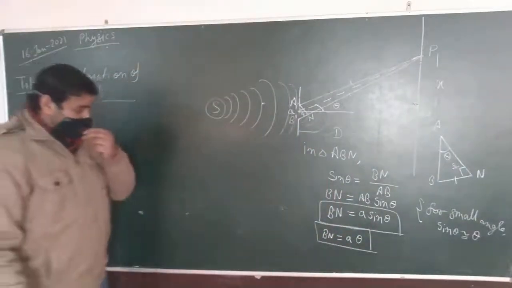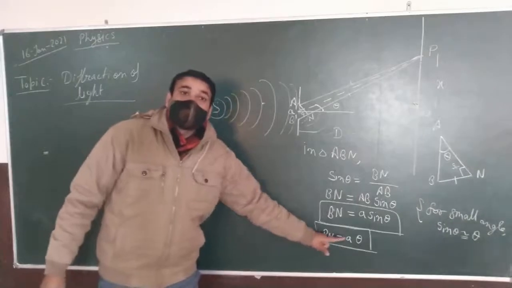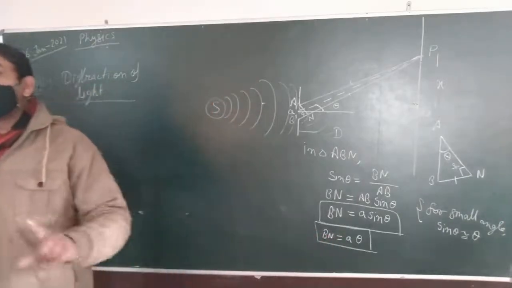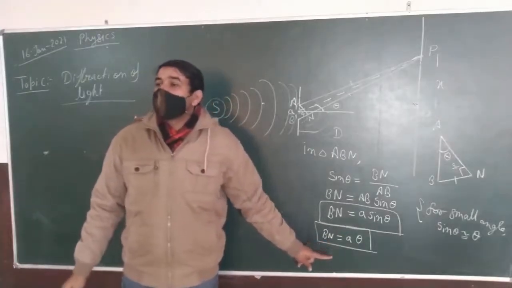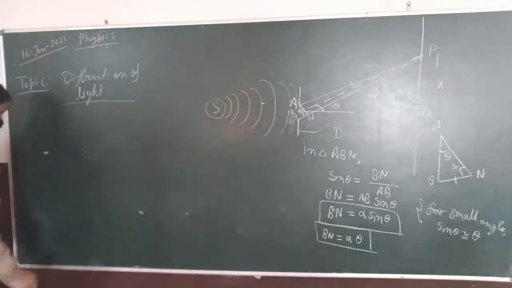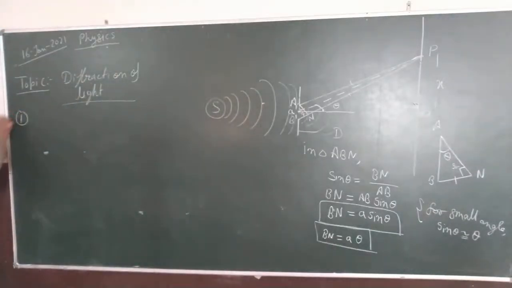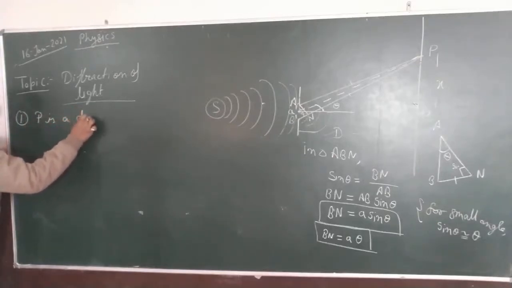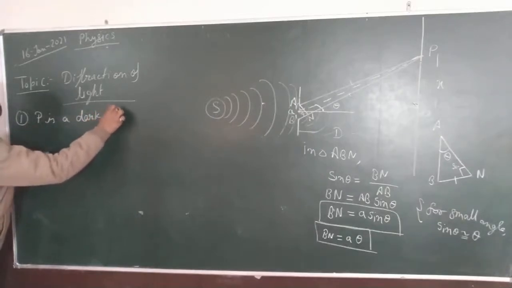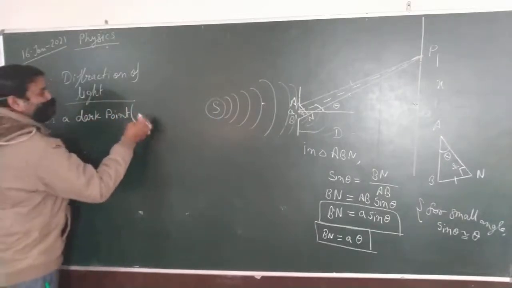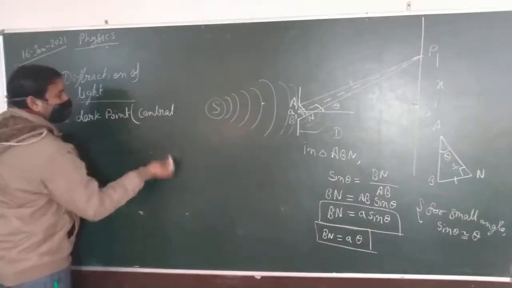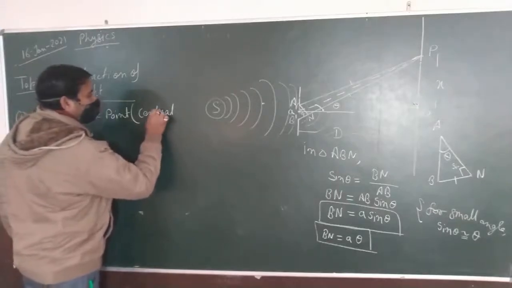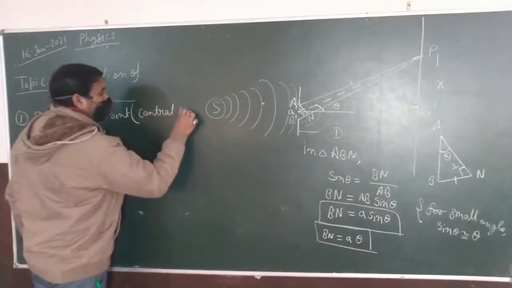Okay, now what is the path difference for the first dark point, or secondary minimum? P is a dark point, which means central minimum.